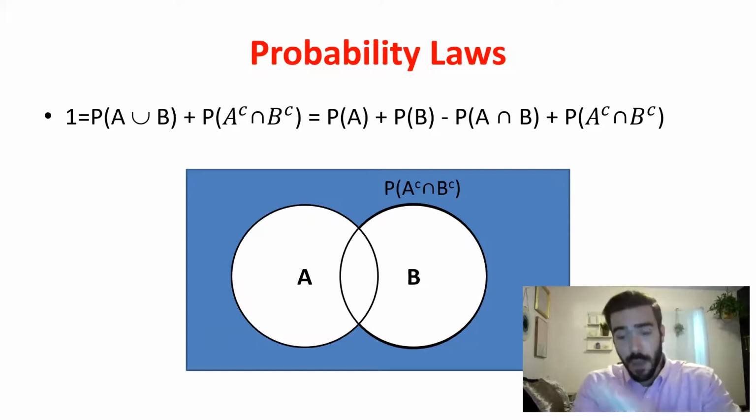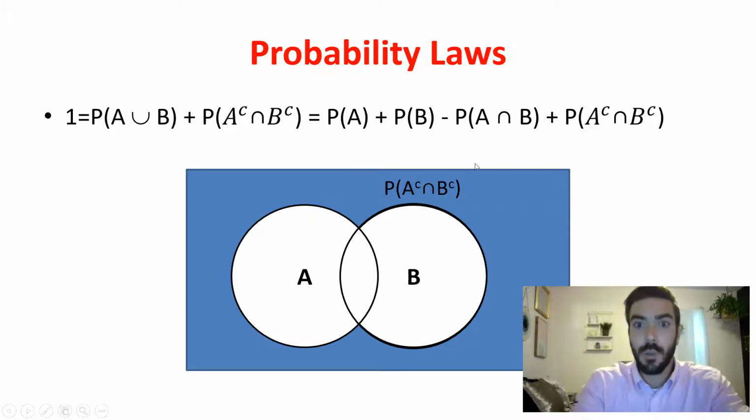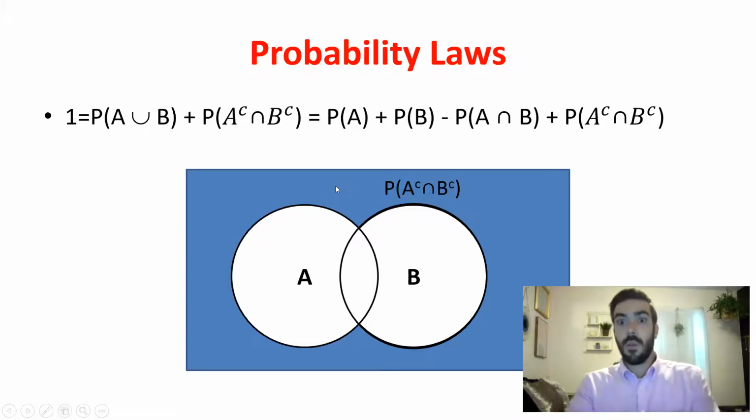But for now, trust me, that this shaded blue area is the intersection of the two events' complements. If I'm looking at event A and B, it's everything that's not in A and not in B. Well, that is just the intersection of A complement and B complement, right?